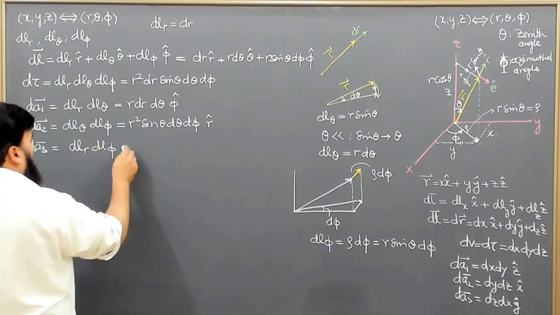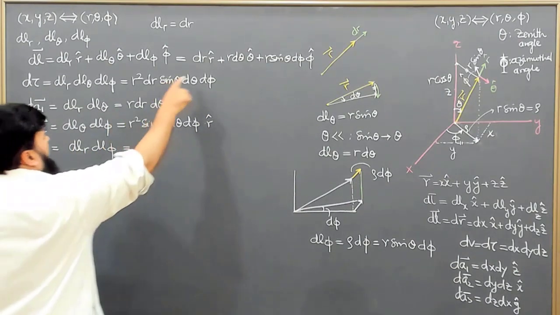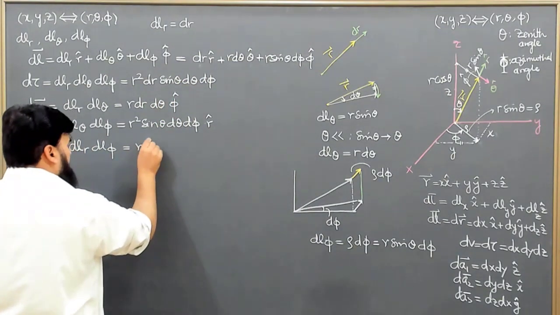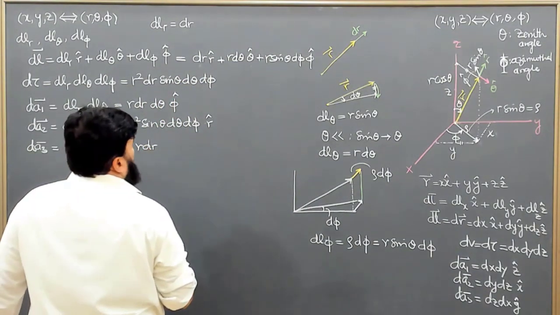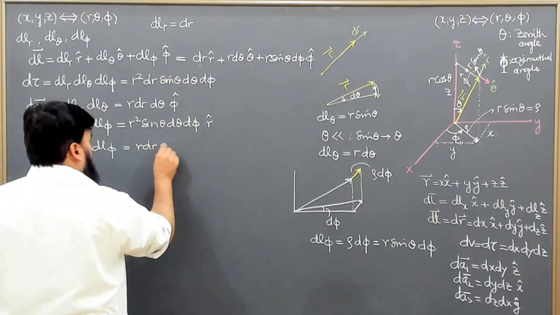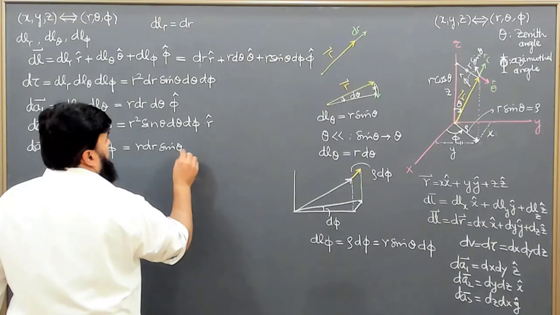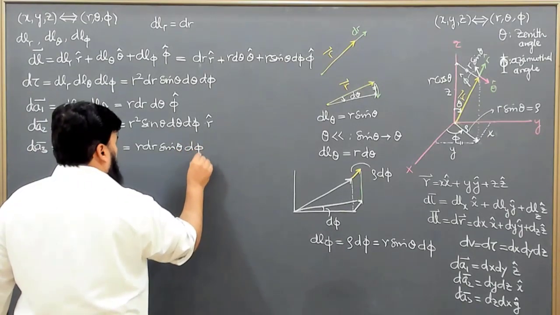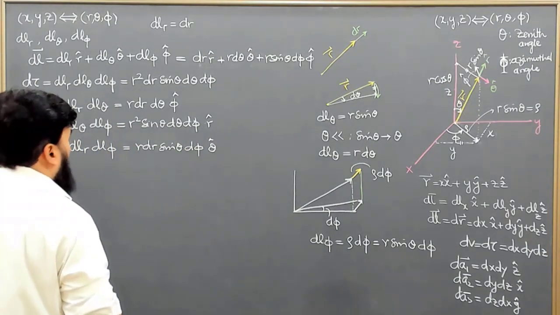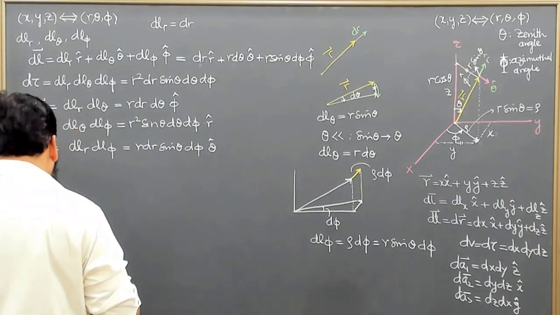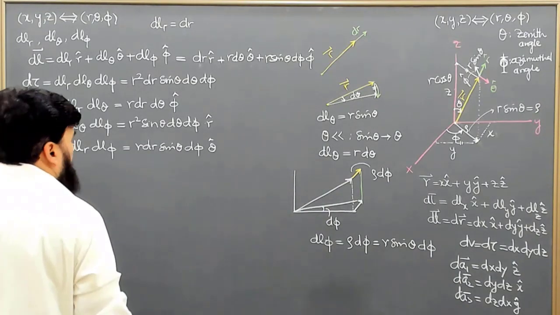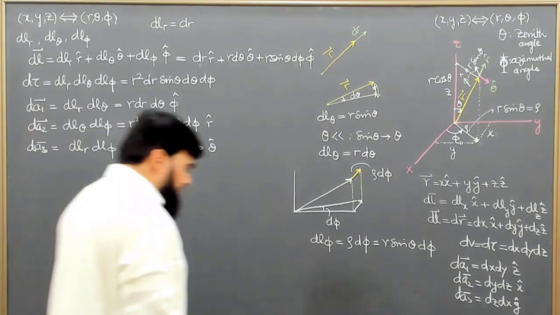And dl_r and dl_phi multiplied give r dr sine theta d phi, and this is in the theta unit vector. So these will be the area elements.